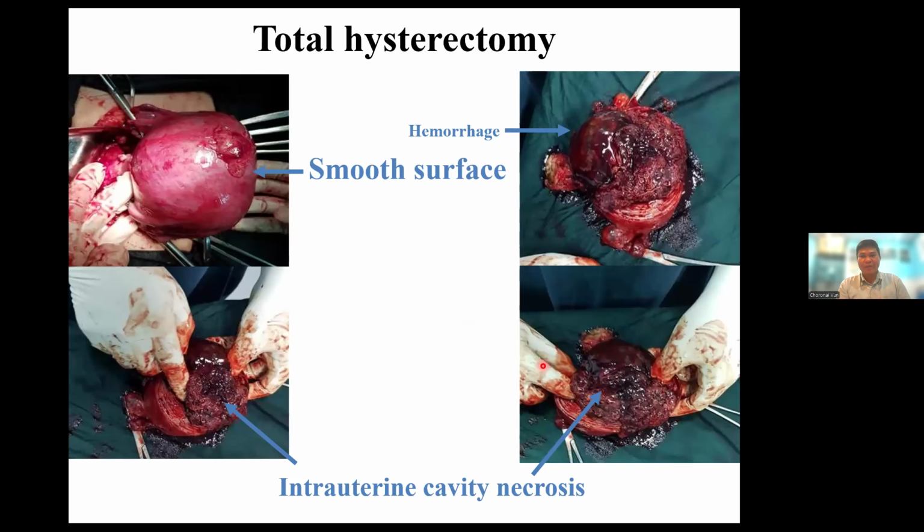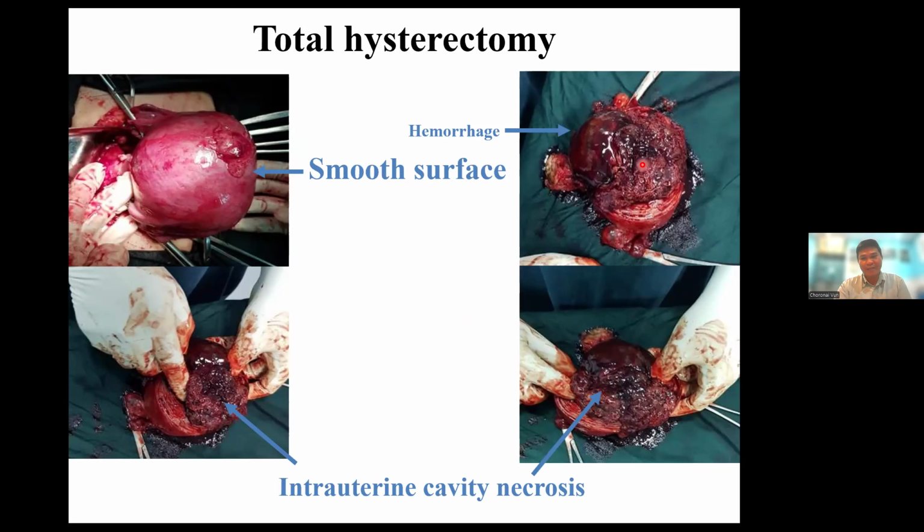During the total hysterectomy procedure, the clinician captured for me the hysterectomy. The border of the uterus is smooth, but bulging like balls.